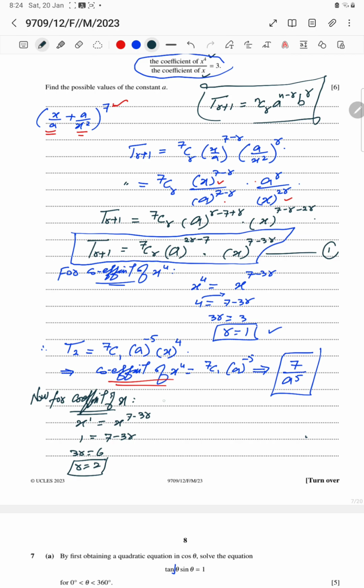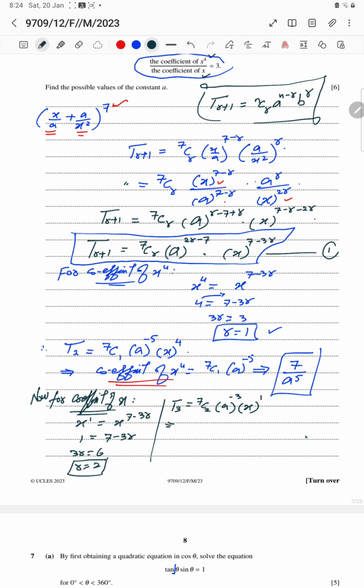When r becomes 2, put in equation 1: t_(2+1), that is t_3, is equal to 7C2 a raised to power 4 minus 7 becomes minus 3, because you are substituting r as 2 in equation 1, right? And x becomes 7 minus 6, that is 1.